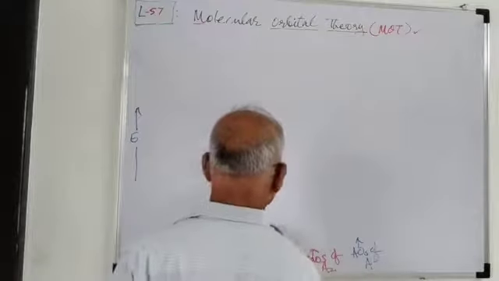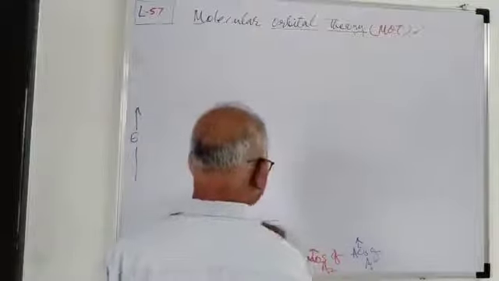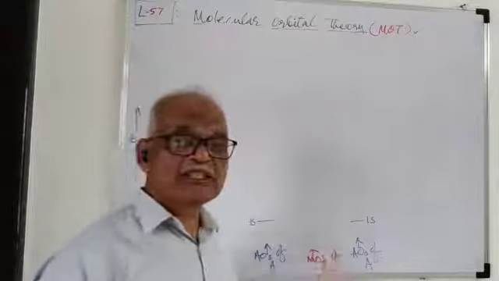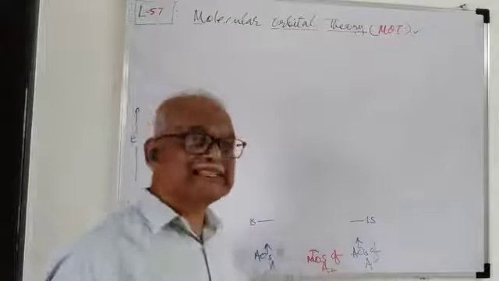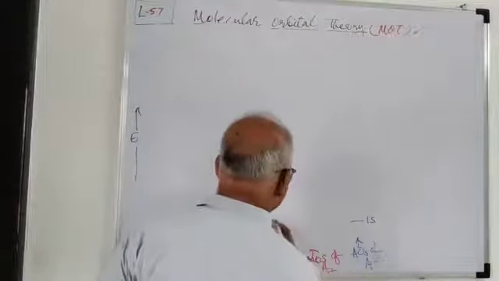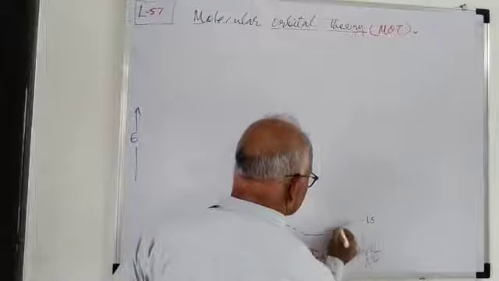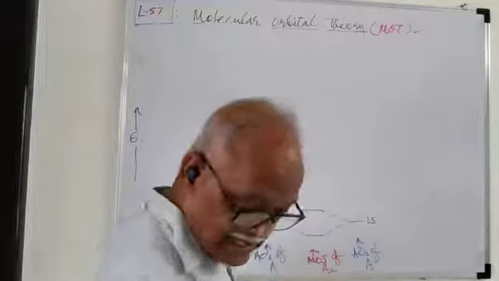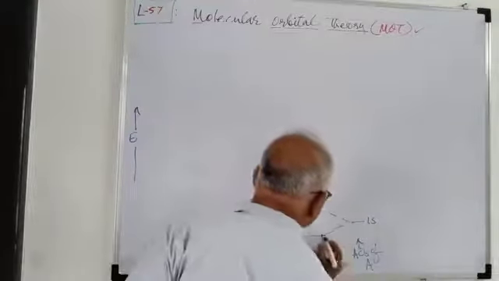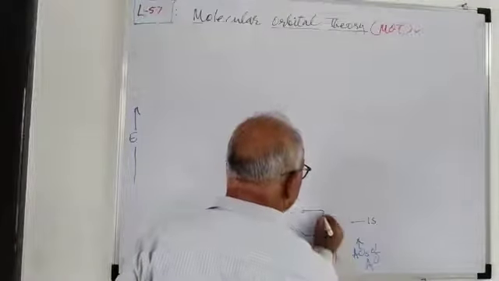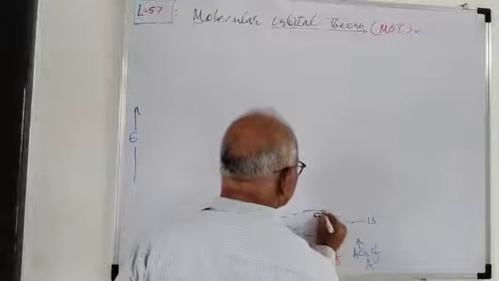Now here we have to represent that this is 1s and this is 1s. Both are atomic orbitals of the same element, so their energy levels are also the same. 1s is placed at the same energy level. The linear combination of these will produce two molecular orbitals, this one is sigma g and this is sigma u star.